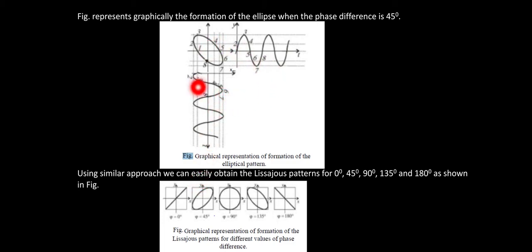The orientation is different because here we have a sine wave, and this one is made by a cosine wave. But eventually we will get this when we have a cos wave. This is for 90 degree, this is for 135 degree, this is for 180 degree.